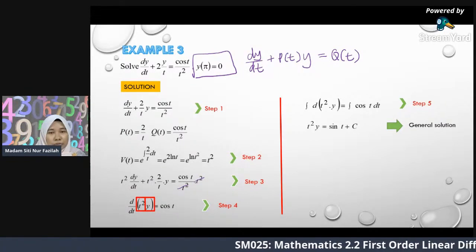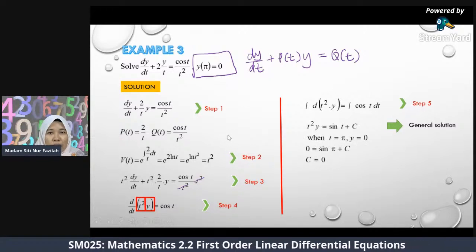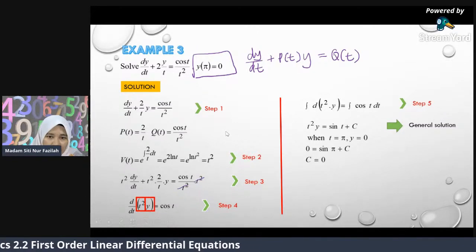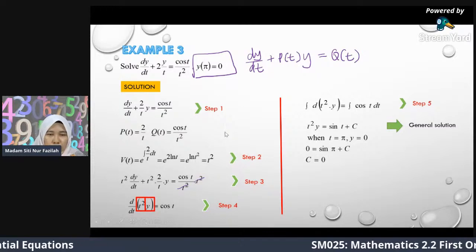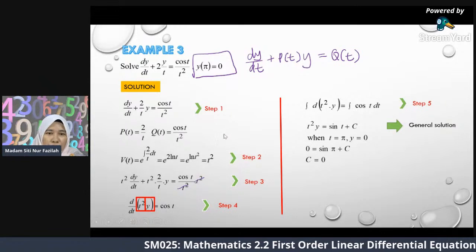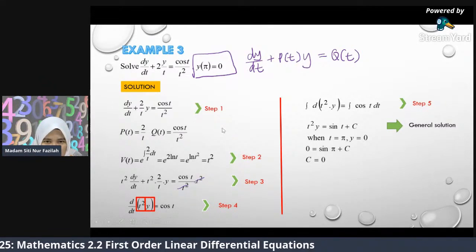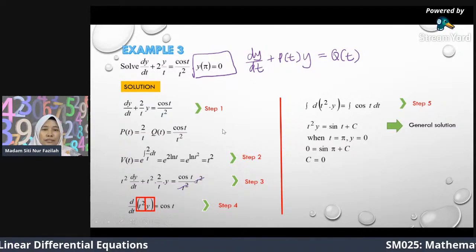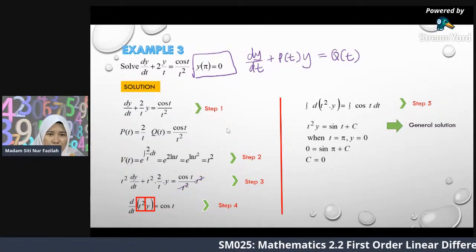That means y equal to 0 when t equal to pi. And then we substitute into the general solution, and we get c equal to 0 because sin pi is 0. We get c equal to 0.